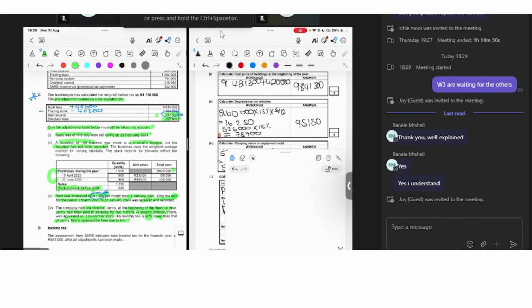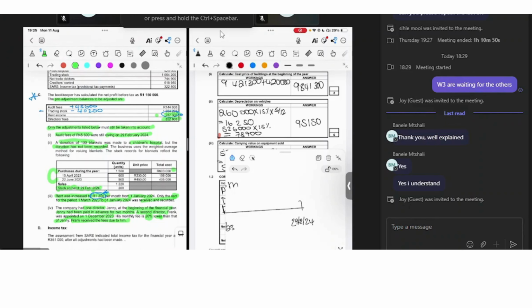With Frank, they're telling us he's received the fees due to him, meaning Frank has received his fees for December, January, February, 3 months. We can draw a timeline. 1st March 2023, 29th February 2024.